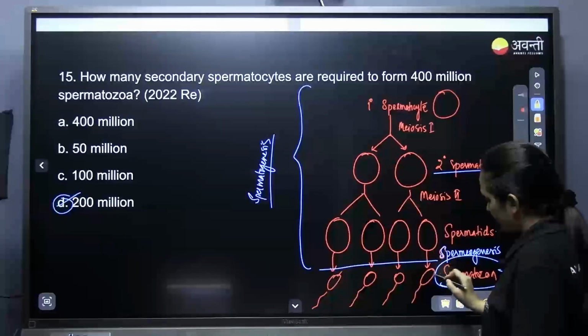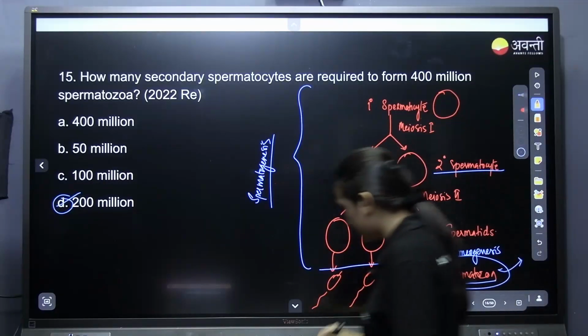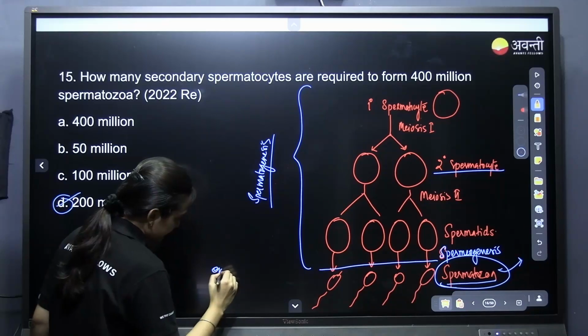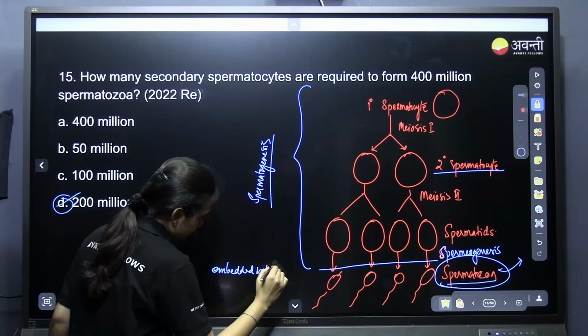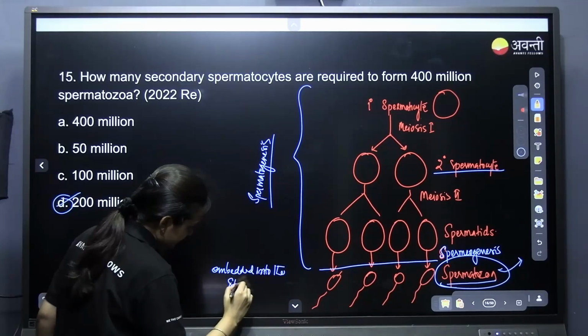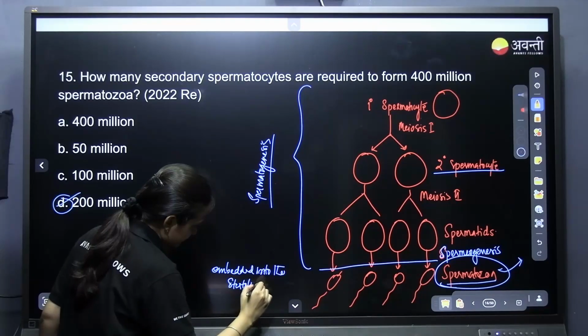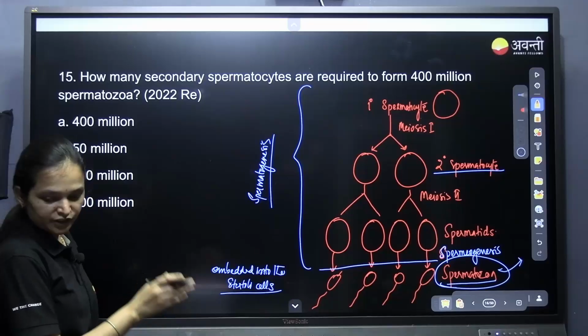So these spermatozoa will be embedded into the Sertoli cells. This is also happening inside the seminiferous tubule only.